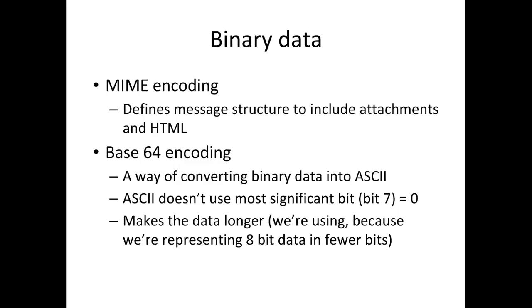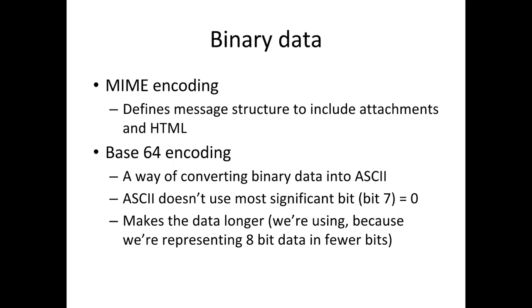Now, we are able to send some binary data. The MIME format specifies how the message will be structured, so that it can include a variety of different attachment types and also include HTML. Those attachment types may be encoded using something called base64. We'll get on to base64 in a little while, but base64 is basically a way of converting binary data so that it looks like ASCII data.